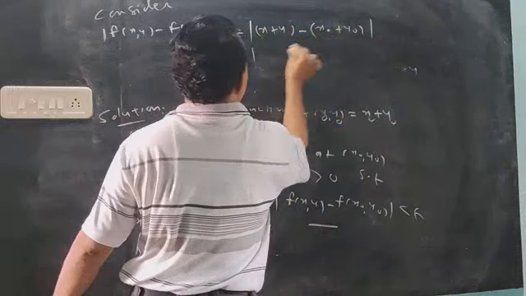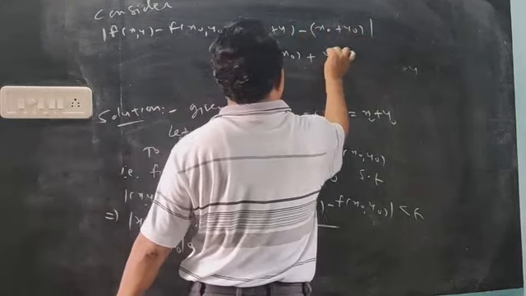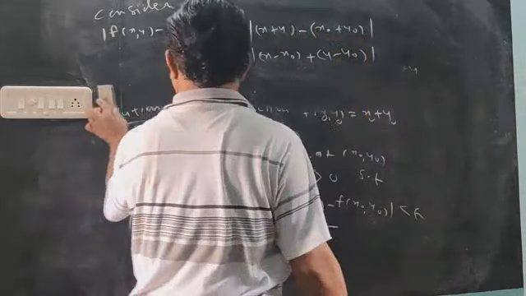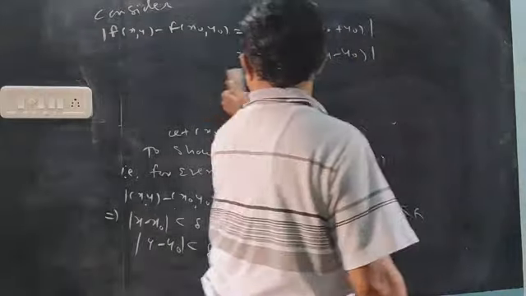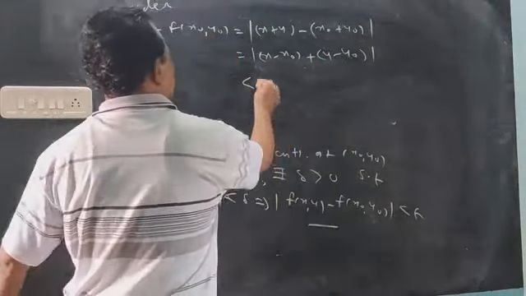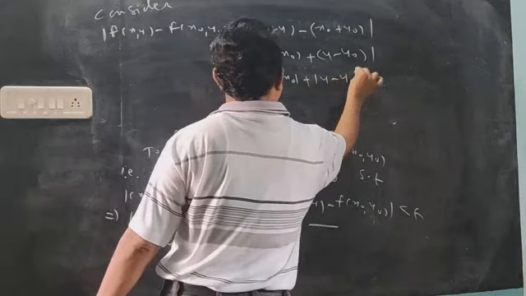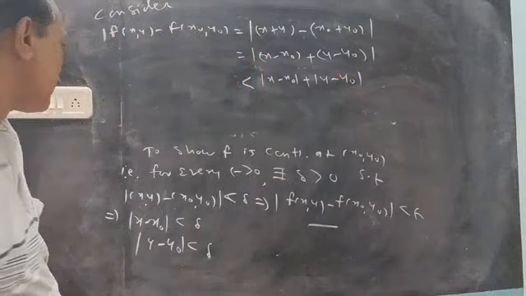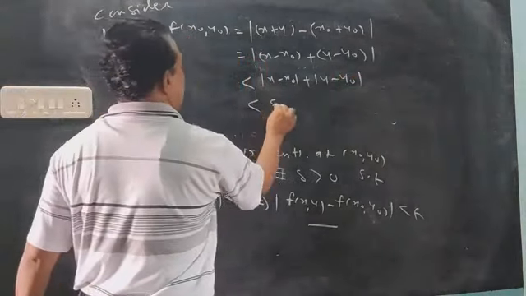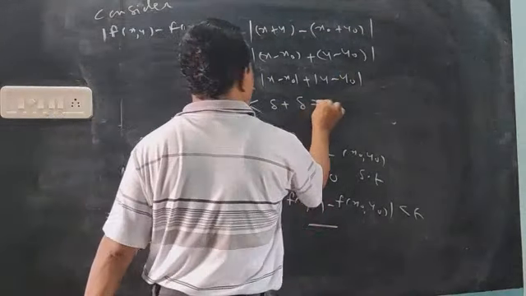This is the same as x minus x0, one factor, and y minus y0, second factor. Separating the mod, it is less than mod of x minus x0 plus mod of y minus y0. Now we know x minus x0 is less than delta and y minus y0 is less than delta, so the sum is what? 2 delta.